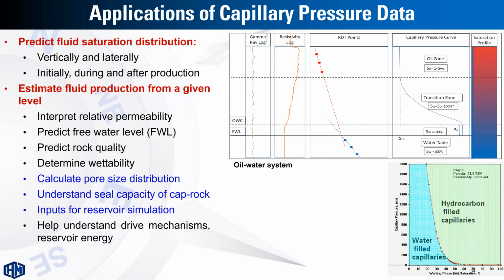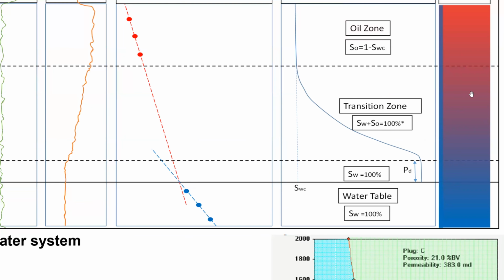So this is simply the application of capillary pressure data, integrating with petrophysical parameters and pressure data, and using the definition of this capillary pressure curve, so we can calculate across this transition zone the corresponding water saturation. Here we have the free oil zone, which means oil plus SWI, but here we have 100% water, and this is the level of the water table.